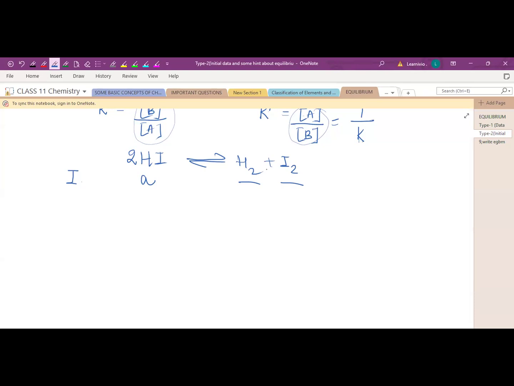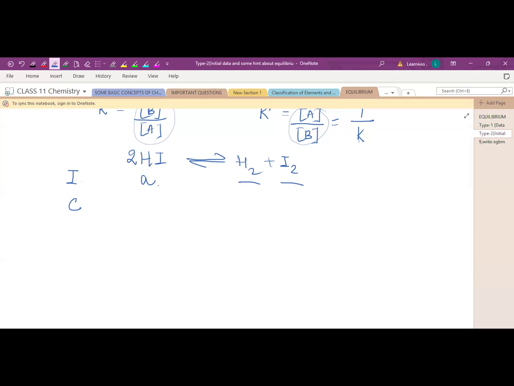So there is no product initially. Now see, after some time, when the reaction proceeds, after 5 to 10 minutes, I'm just writing the concentration at the center. You know very well that when you start the reaction, after some time the concentration of reactant will decrease and the concentration of product will increase.